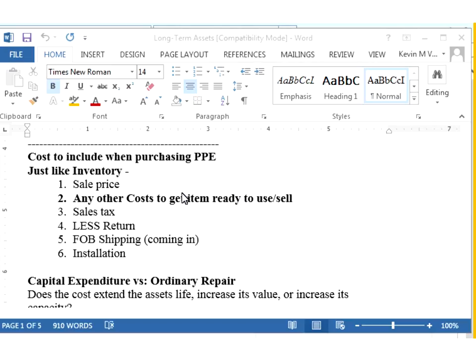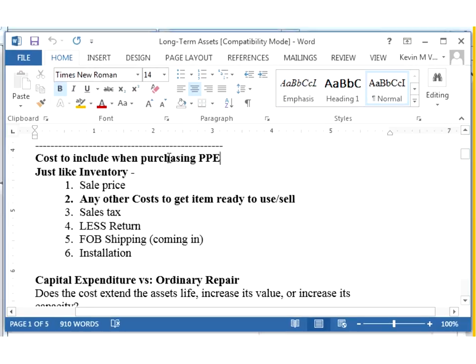So the first thing that I wanted to bring to your attention, when you buy PPE, this is a review of what we did back in about week 7. When you buy an asset like inventory, or in our case now, long-term assets, we include in the cost of those assets any cost that gets the item ready to use or sell. In our case, it'll be to use because we're talking about equipment. So that would include the sale price.